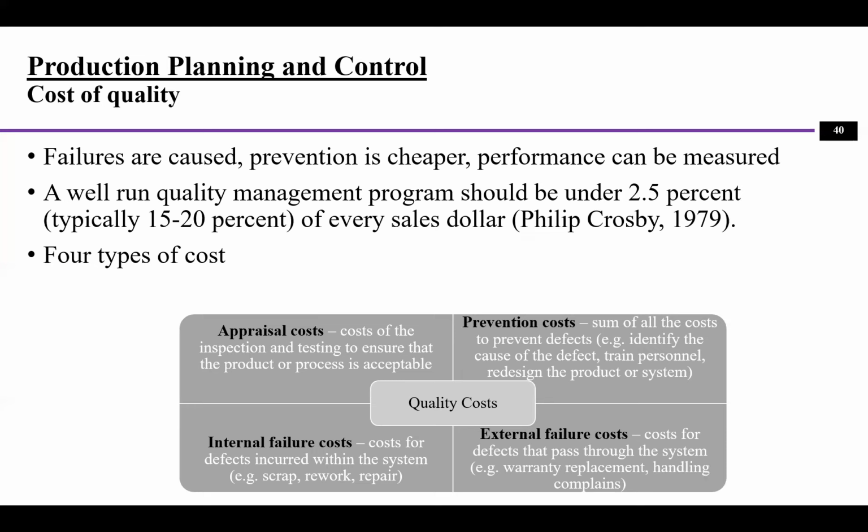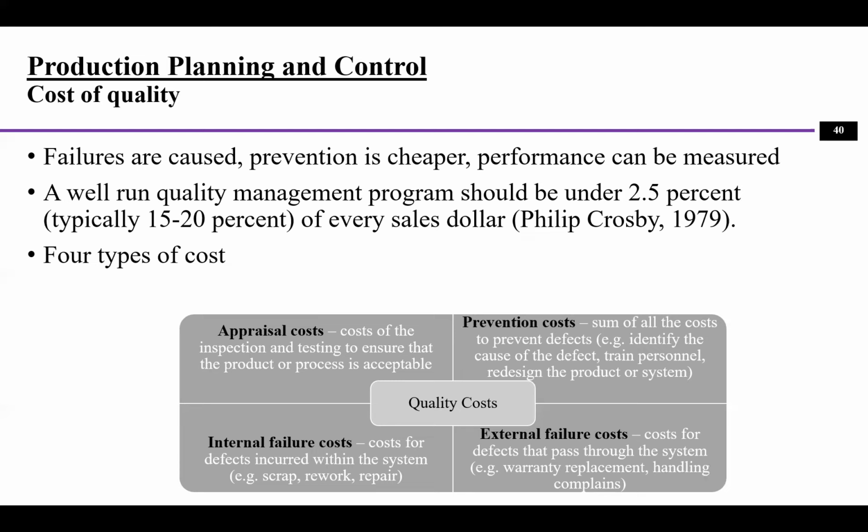Those are the costs when we find defects within our production system, and then we either scrap them, rework them, or repair them. Of course we need people, resources, time, and money to do all this work, and that's a cost, because if it didn't happen, we could use all these resources to generate more value, right? So that's internal failure cost.